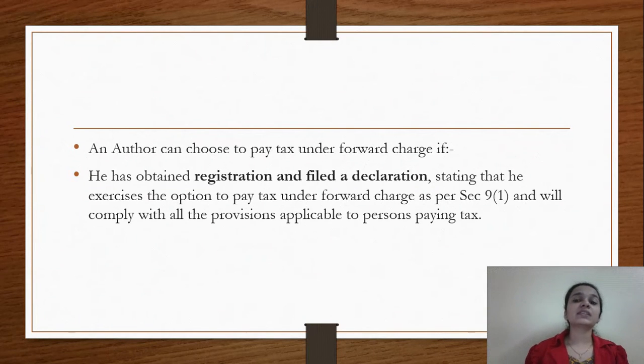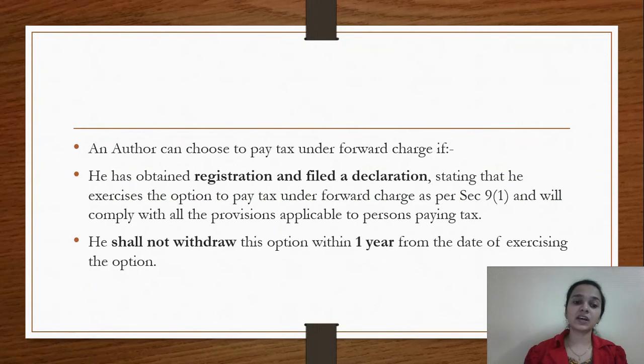Moving ahead, the second thing is that the author, when he is exercising an option like this, cannot withdraw this option within 1 year from the date of exercising the option. Say, for example, the author is exercising an option to pay tax under forward charge on 10th of August 2020.